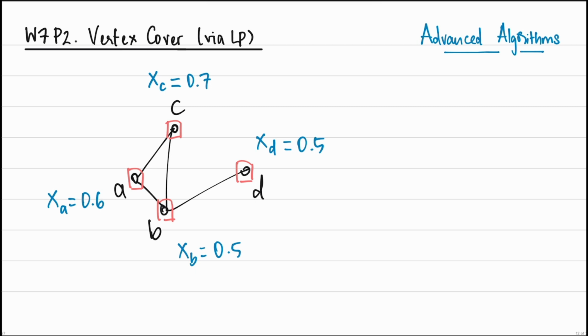But on the other hand, is it always true that whenever we work with a threshold of half and basically round up everything that's at least half to 1, it is always going to be a valid vertex cover, or did we just get lucky in this example? So that would be one question. The other is, even if we do end up with a valid vertex cover, what can we say about its size? Does it have any connection with the optimal value?